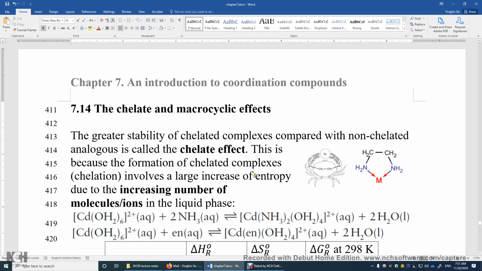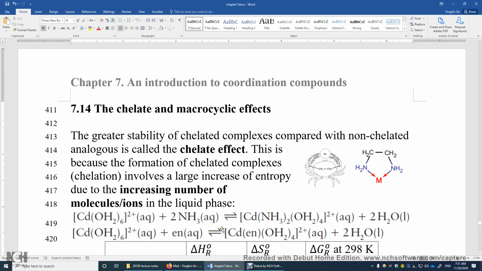Now let's talk about the entropic effect. Let's compare 2 reactions. In this reaction, this hexaaquacadmium reacts with 2 ammonia molecules and forms this diamminetetraaquacadmium plus 2 water solvent molecules.